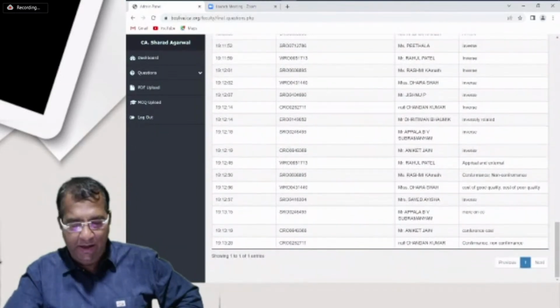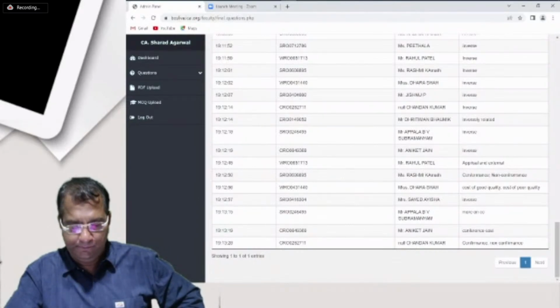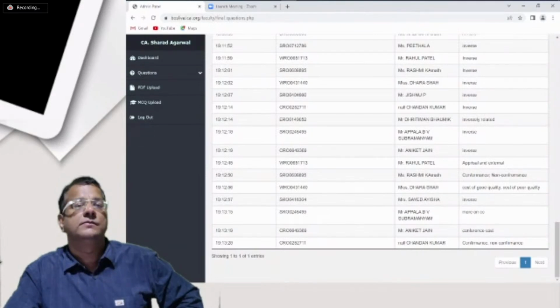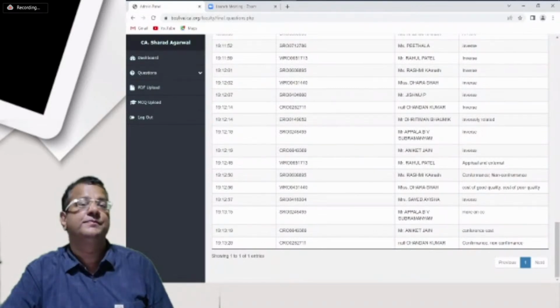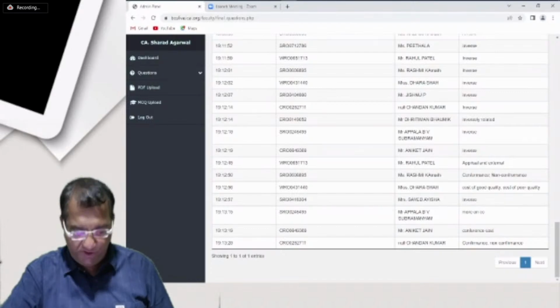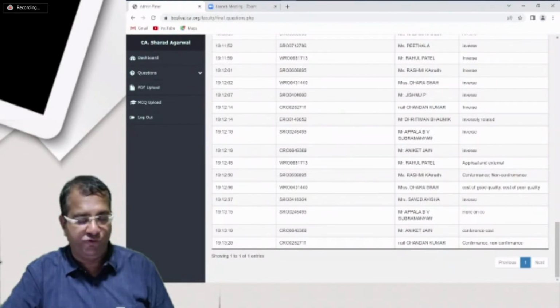Relationship. Give the heading relationship. Write down the first point in this heading, relationship. There is an inverse relationship between cost of conformance and cost of non-conformance.